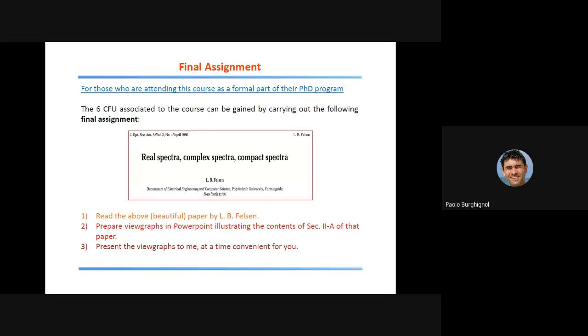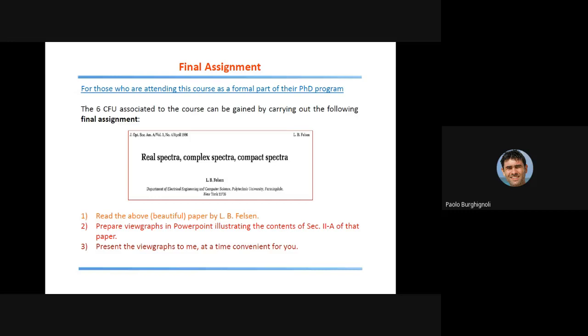And this is a beautiful paper written by one of the most important experts of waves that have appeared in the last century, this Professor Felsen.